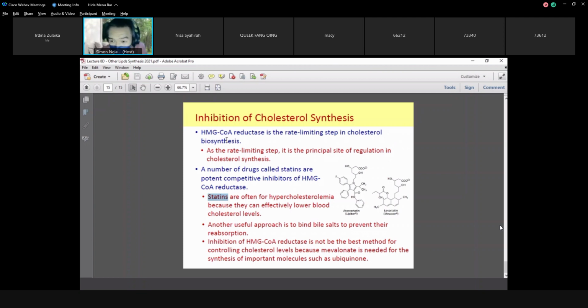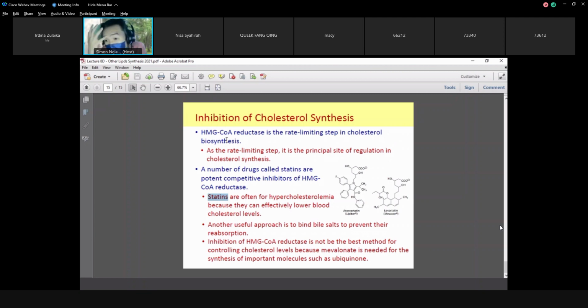Okay, as you have seen here, your cholesterol is made from fat. Cholesterol is made from your starting material, which is here. So you put it all together, and as you can see, how big is carbon 27.